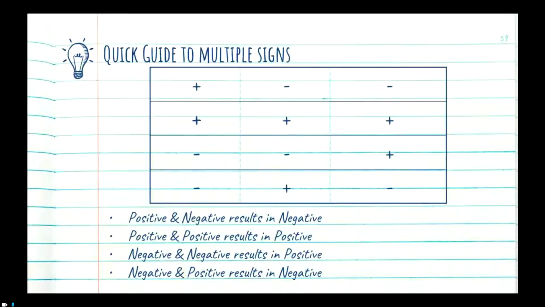Now the tricky one here, the one where people can get a little bit confused, is if the signs match. If the signs match, regardless of whether they're both positive or both negative, they reduce to a positive. Okay? So it makes sense for addition. If they're both positive, people seem to get that. We're adding to a positive number, it's still moving to the right. Now with subtracting a negative number, we're still moving right on the number line.